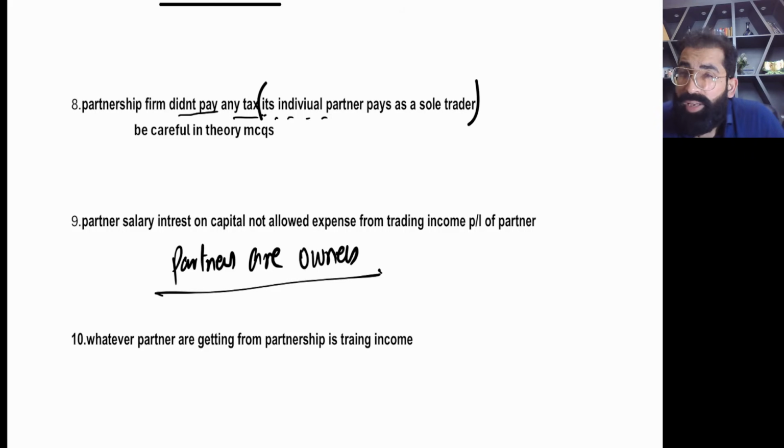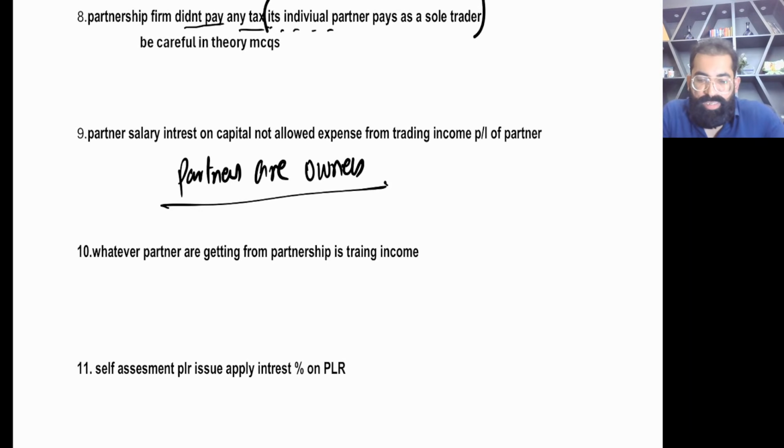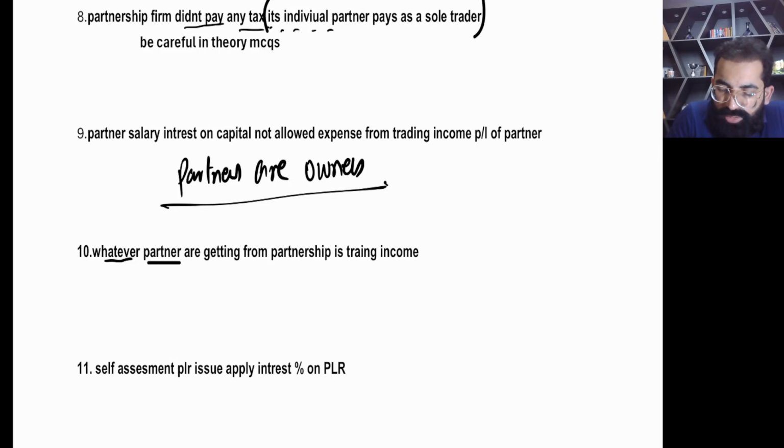You have studied this in trading income with me. So partners' salary, partners' interest on capital, and partners' personal expenses are never allowed. Yes, if family members of partners are working, then normal salaries are allowed, but excessive salary is not allowed. I have already explained this when I was teaching you. Whatever partners are getting from the partnership is trading income.